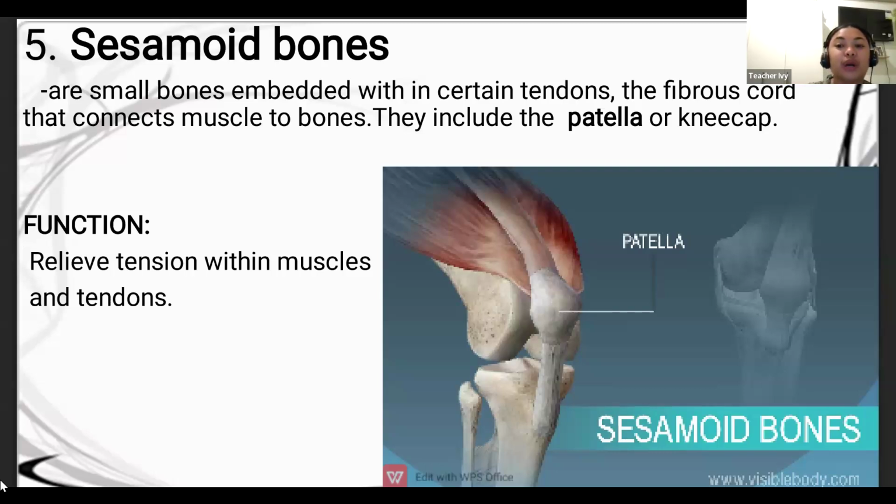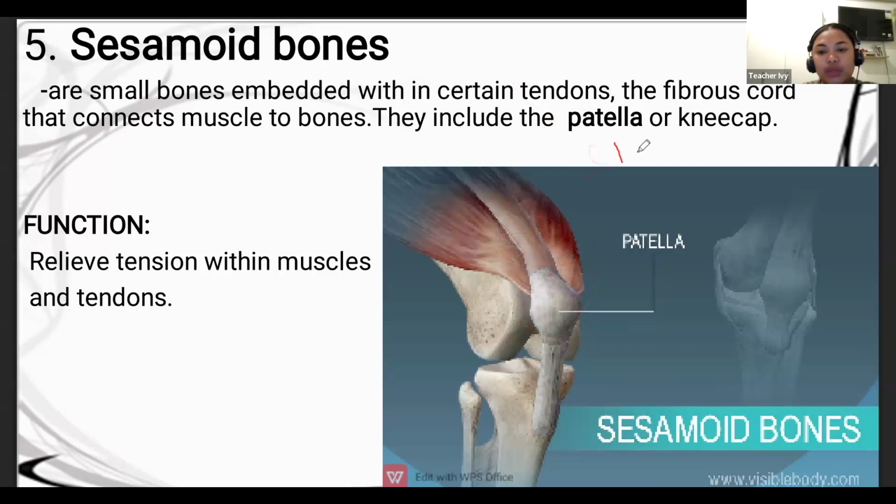So the tendon is the one that connects your muscle to the bone. As you can see in the picture here, this is your muscle, and this is the bone. The connective tissue under it that allows your muscle to be connected to the bone is what you call the tendon.